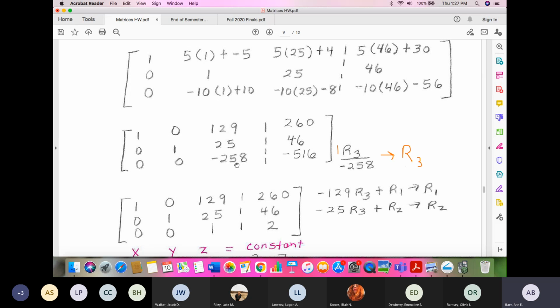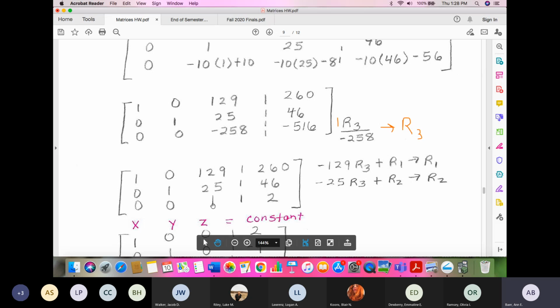So what we want to do here, we want to take this element in row 3 and divide it by negative 258. If I divide this by negative 258, we're dividing by exactly the same number, so we're going to get just the number 1. We get a 1 here.